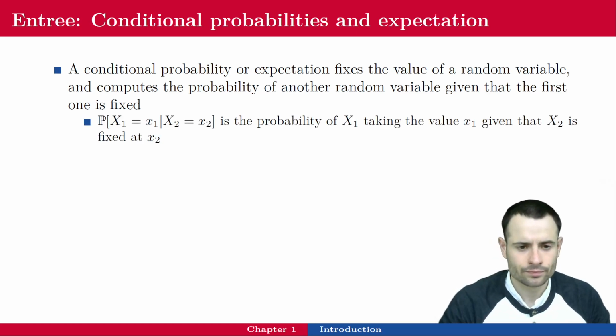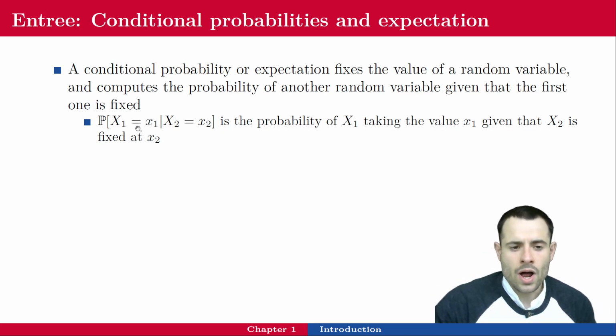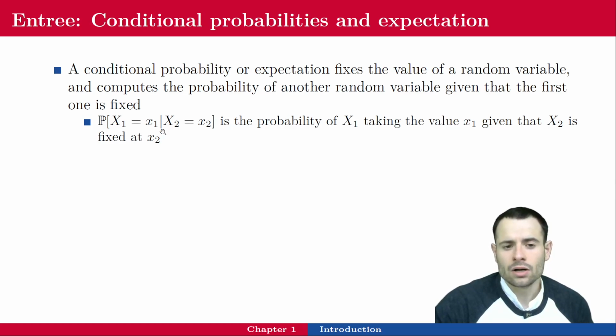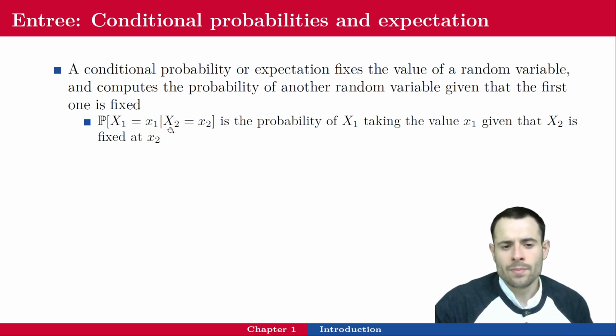Here is an example. The probability that X1 is equal to small x1, given, with the vertical bar, given or conditional on X2 being equal to the value small x2, refers to the probability of the random variable X1 taking the value small x1, given that the random variable big X2 is already equal to small x2.